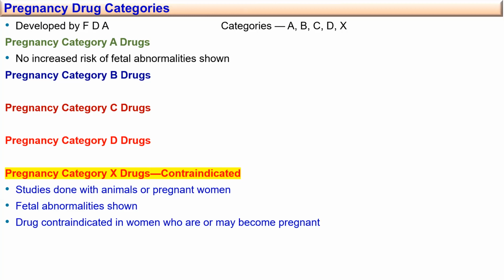So if we take category A, for example, there is no increased risk of fetal abnormalities shown.